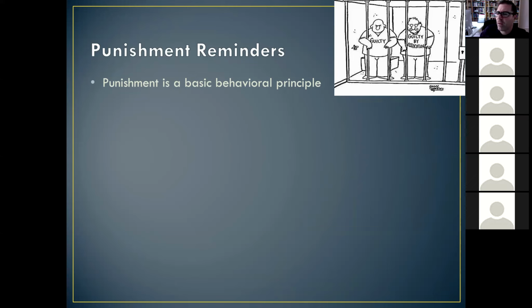But when we say punishment is a basic behavioral procedure, we're essentially saying it exists in nature, and there's really nothing we can do about it. We can avoid using punishment as a way to modify behavior, and we actually do, but it's just a fact of life.